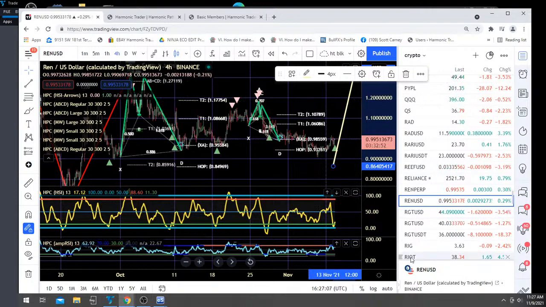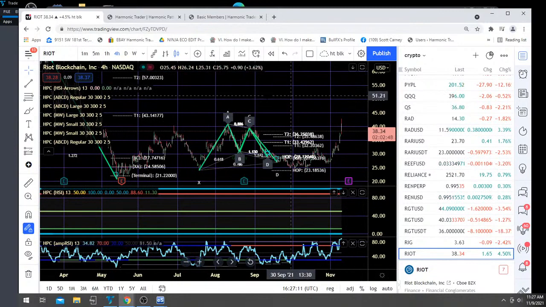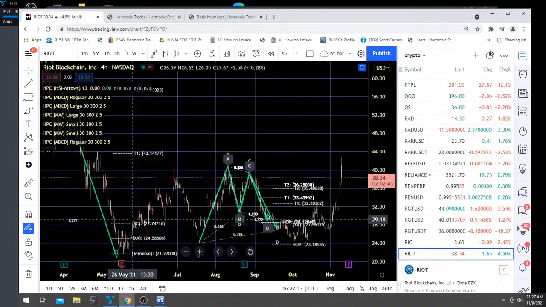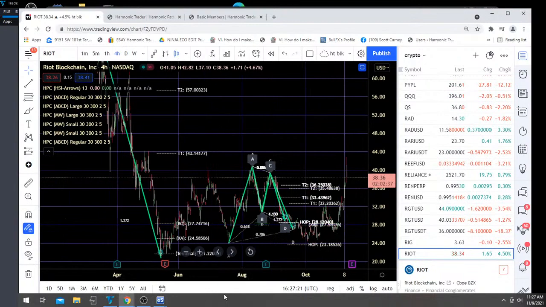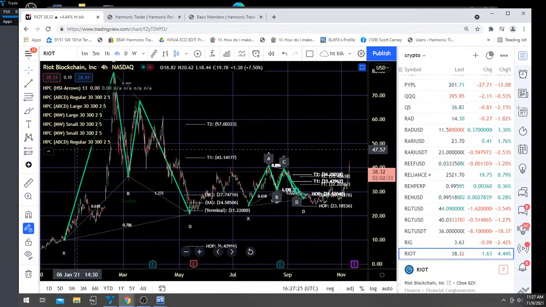Here's something related to crypto, which is Riot Blockchain. Look at what we talked about last week. They had earnings and exploded. I think it was our first discussion, and what we highlighted here was the phenomenon of back-to-back patterns.